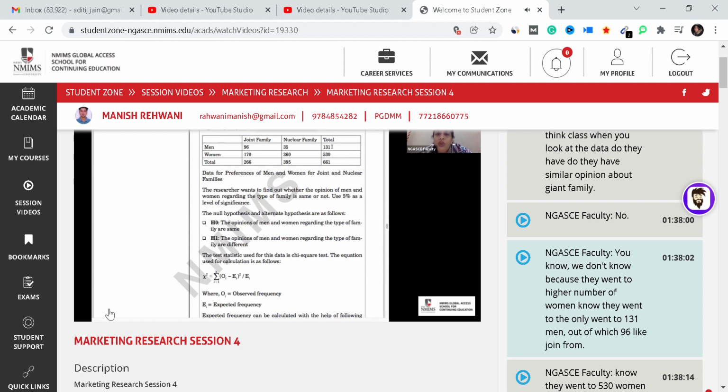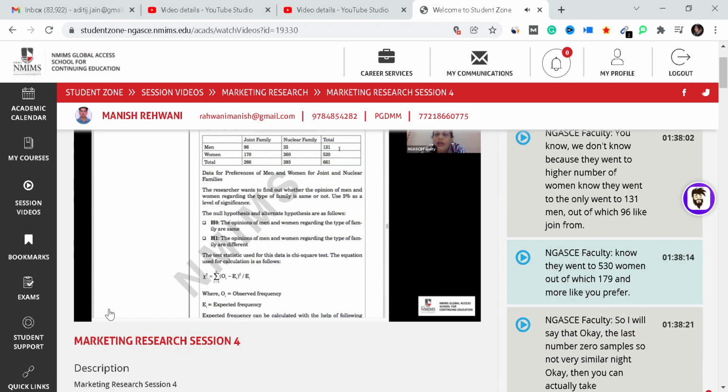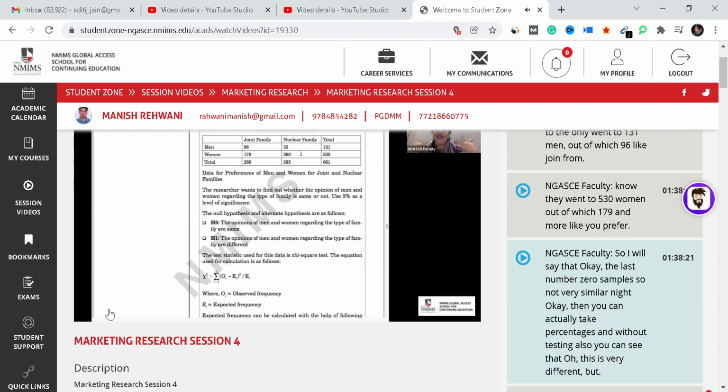They only went to 131 men, out of which 96 liked joint family. Now, they went to 530 women, out of which 170 liked, and more like nuclear family. So I will say that the sample size is not very similar, right? Then you can actually take percentages, and without testing also, you can see that, oh, this is very different.